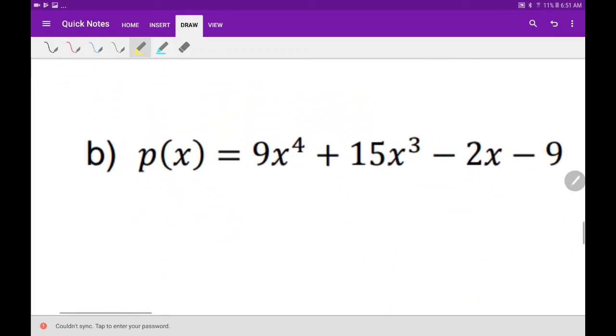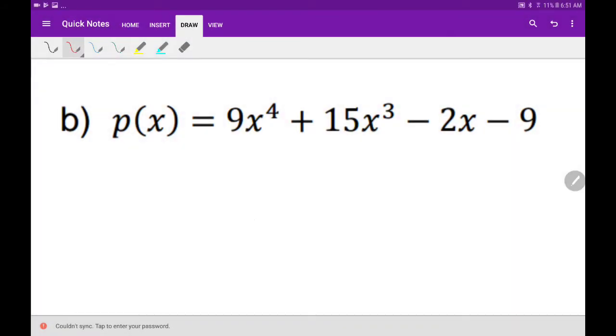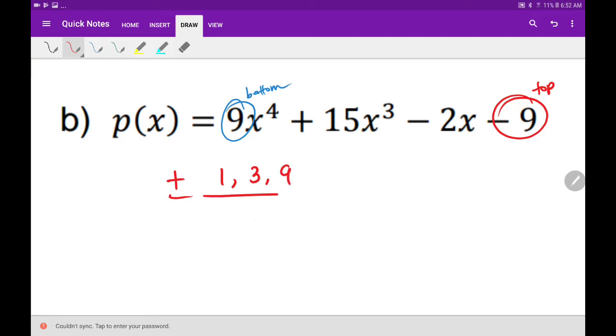We're asked to do the same thing with b here. So, list the possible rational roots. So plus or minus, and these guys are going to go on top, the factors of 9 on the top, and the factors of 9 also on the bottom. Interesting. Okay. Well, the factors of 9 are 1, 3, and 9.